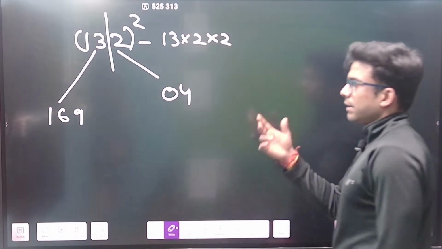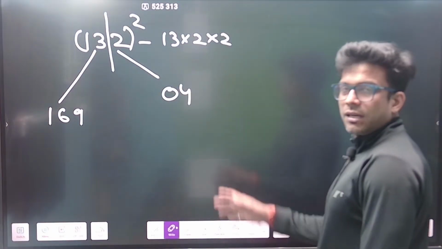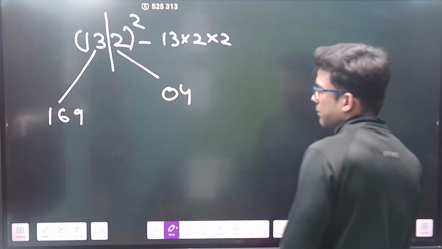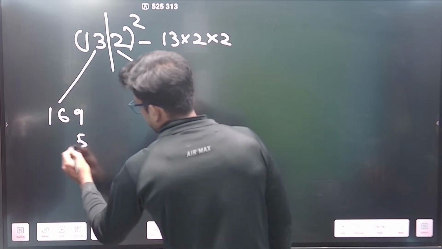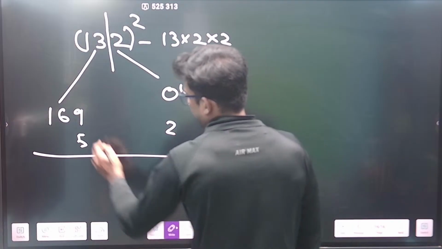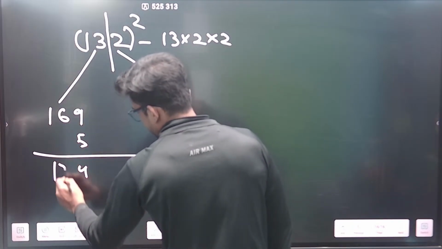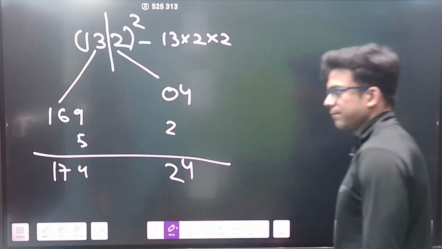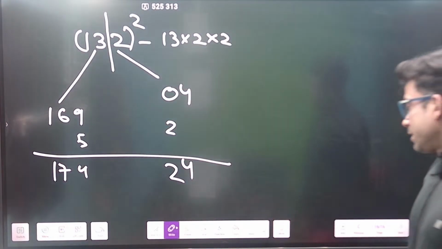So basically 13 doony 26, 26 doony 52. Now you should write the number in such a way that you can add. Now this is 2, this is 5. Now 4, 2, 9, 5, 14, 4, 1, 7. Answer is 1724. As I said, I'll stick to the point.